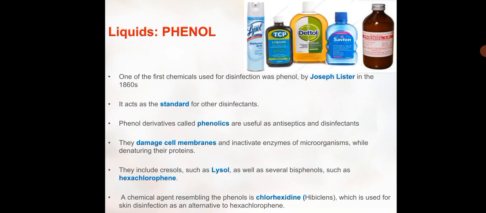They damage cell membranes and inactivate enzymes of microorganisms while denaturing their proteins. They include glycols such as Lysol as well as several bisphenols such as hexachlorophene. A chemical agent resembling phenol is chlorhexidine, which is used as a skin disinfectant as an alternative to hexachlorophene.